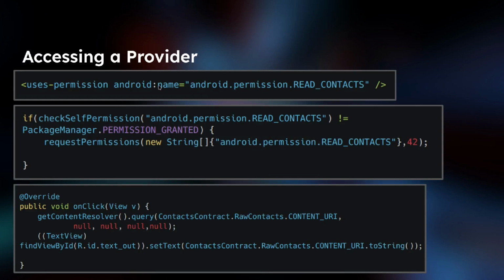And if they do, and also having it declared here, would allow you to then query the contents of this contacts content provider. This is a little bit confusing, but we're going to see a lot more examples. This is kind of a weird one because we don't actually say the explicit content URI, at least not in this screenshot.